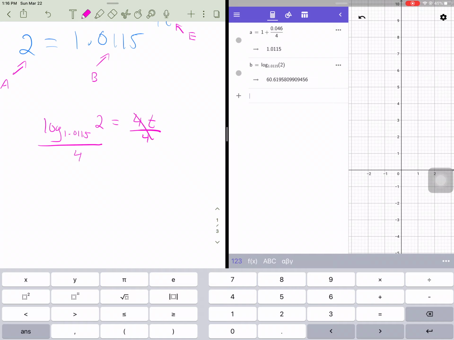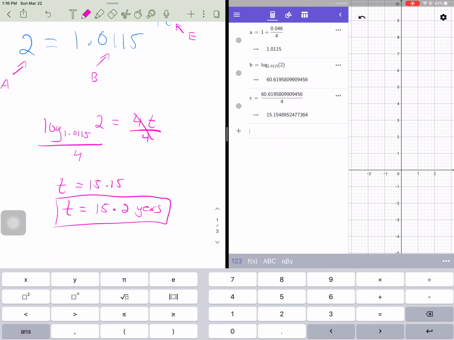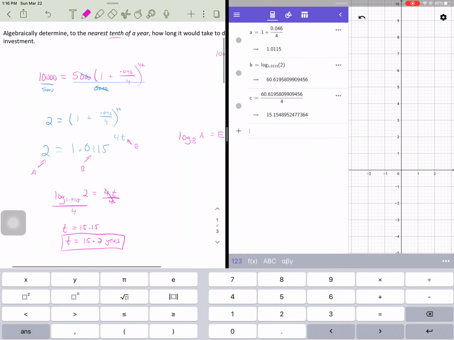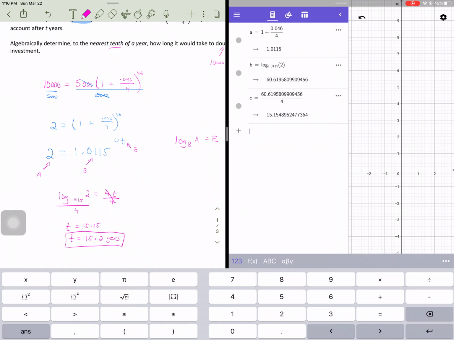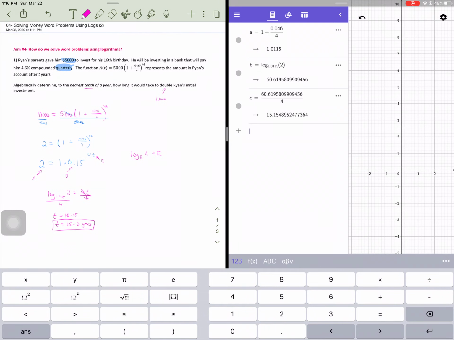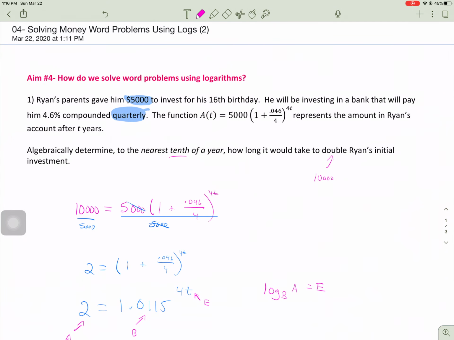Remember, we have this now in our calculator, the answer button, so I'm just going to put that answer divided by 4. And there you go. We get t equals 15.15 to the nearest tenth, it said. Don't forget, 15.2 years. So it would take 15.2 years for him to make his $5,000 investment $10,000.